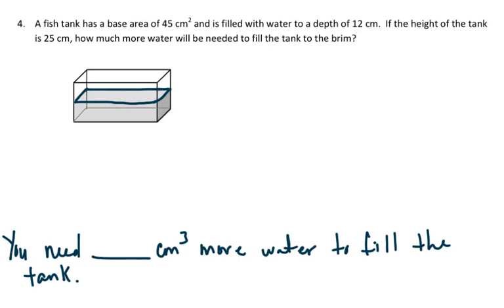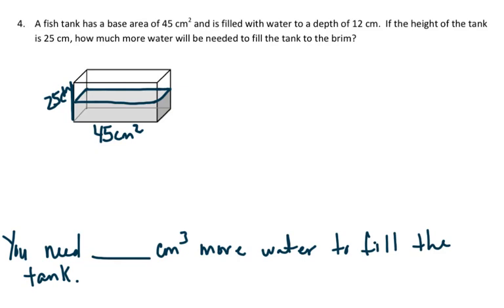I know that the area for the base of the fish tank is 45 centimeters squared. And the height of the whole tank, the height right here, is 25 centimeters, and that's for this whole part.